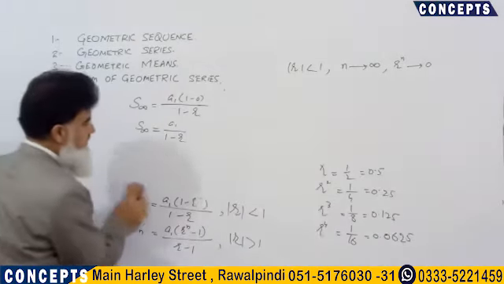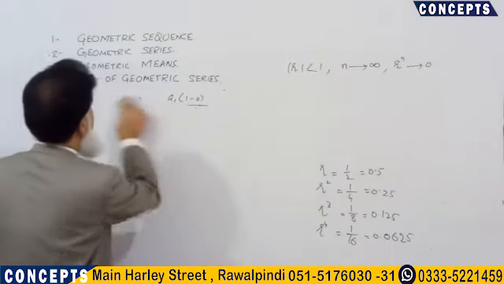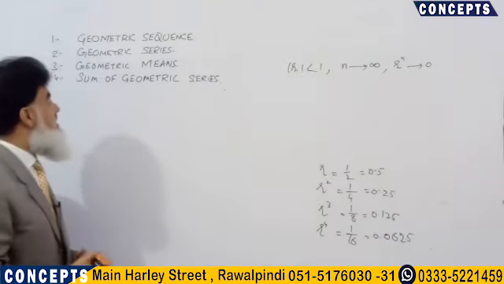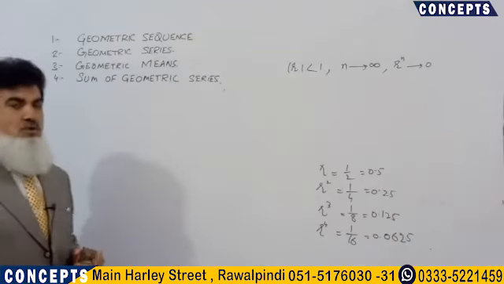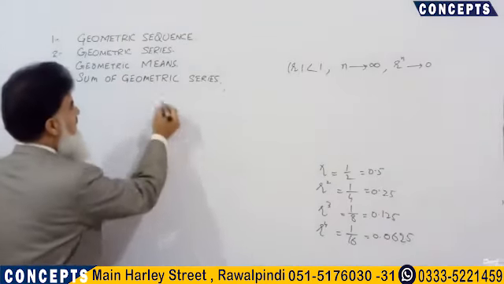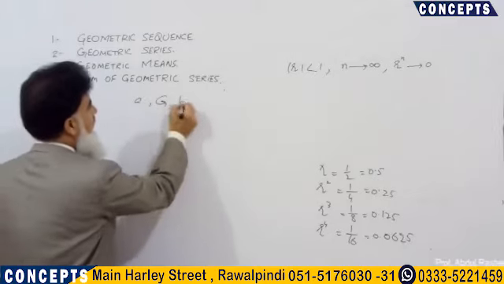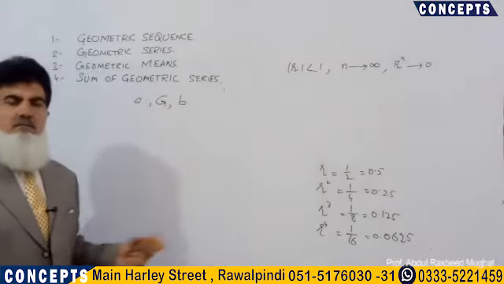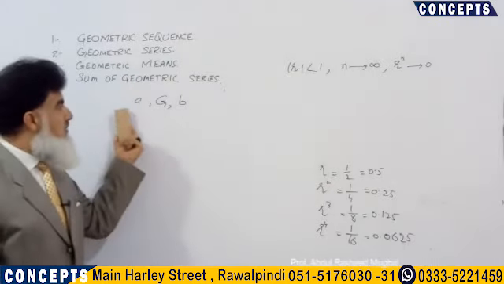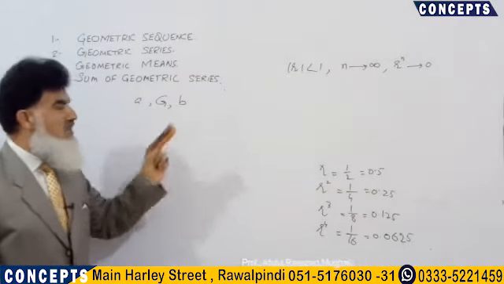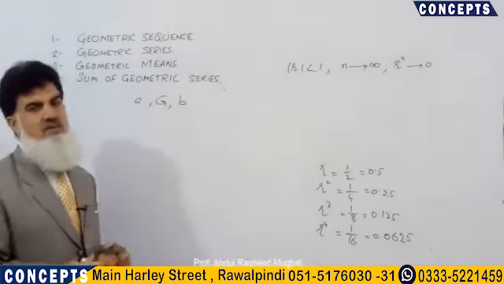Now we come to the next topic, and that is geometric means. A geometric mean is a number G which, if placed between two numbers A and B, makes these three numbers a geometric sequence.